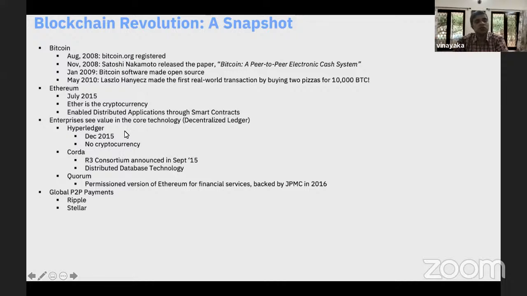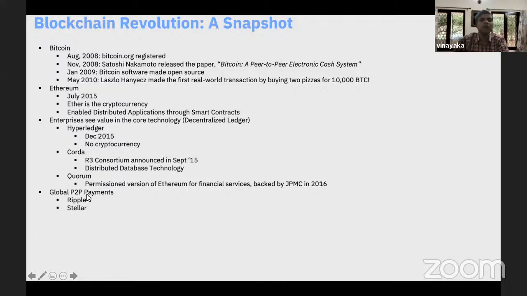Since 2015, a lot of businesses have shown interest in this technology, and we have seen an emergence of what we call enterprise or permissioned blockchains. Hyperledger is one of the big ones. Corda is another one. Quorum, which is actually an enterprise version of Ethereum, is another one.